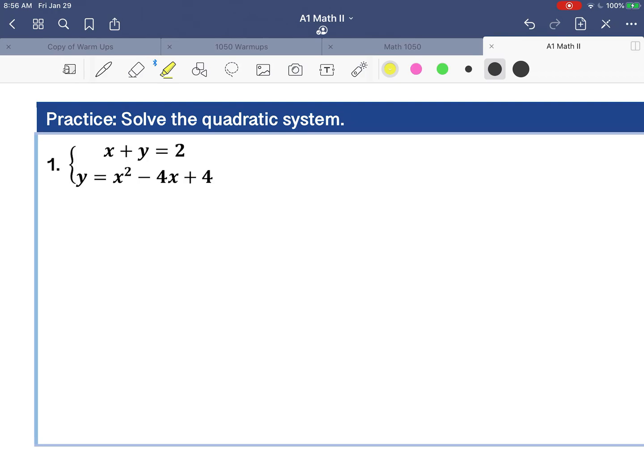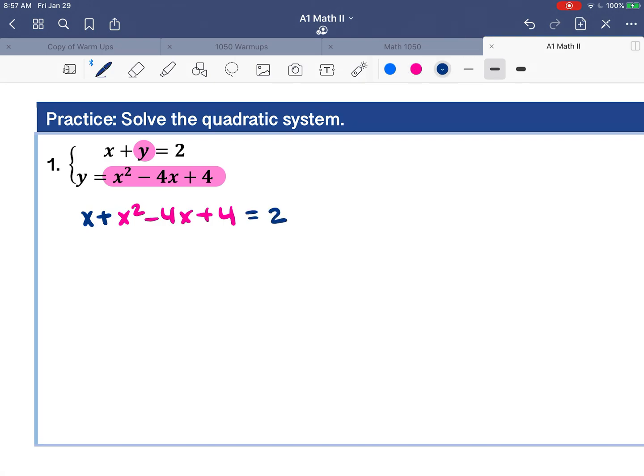So the first step here is to substitute. I'm going to take all of this y stuff, y is equal to all of that, and put it right there into that equation, which will look like x plus x squared minus 4x plus 4 equals 2.